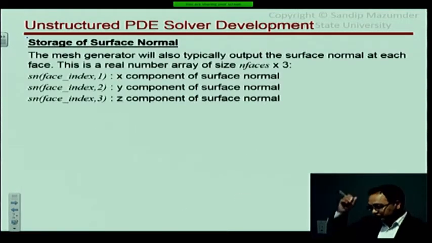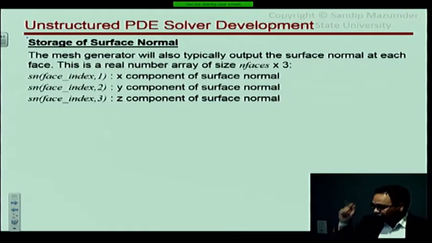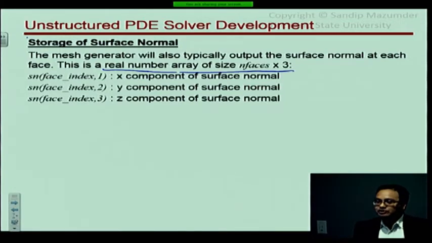Now, storage of surface normals, I already talked about. This is a real number array of size n faces times 3. It's not an integer anymore because we have to store the 3 components.